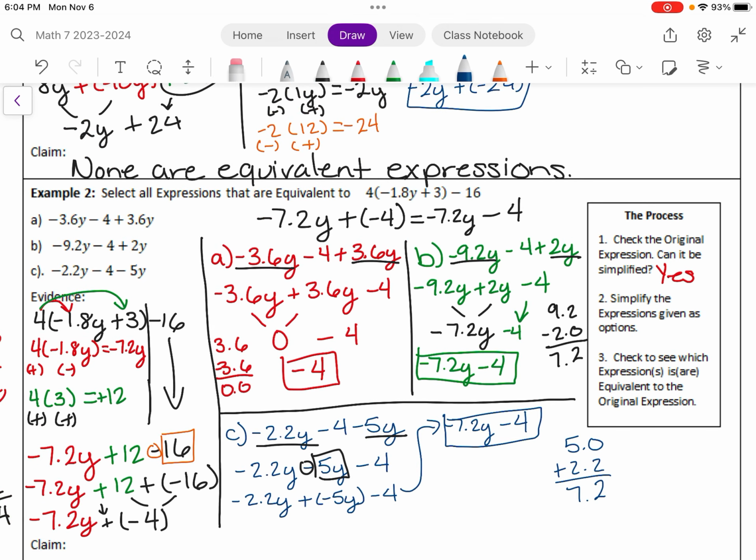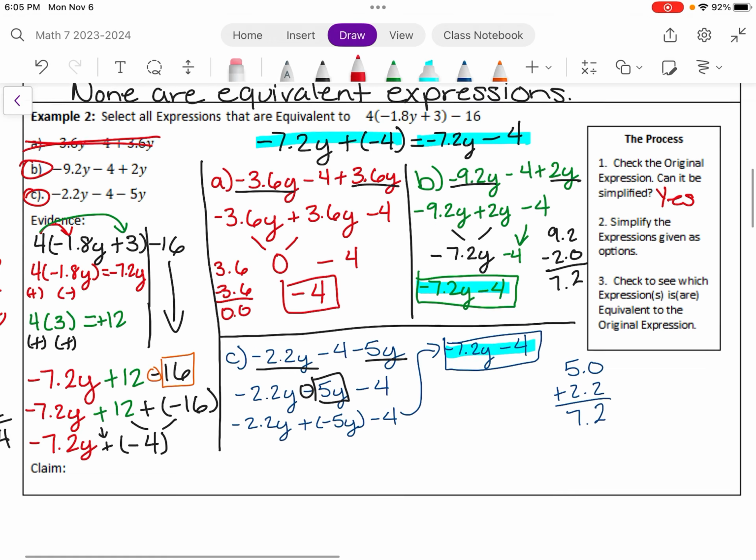So now looking at all my boxed options, I've got to see which ones match my original expression. So remember, it can look like this or it can look like this. This one, my A, not right, because that is just a negative 4. My B is negative 7.2y minus 4, so that one is correct. Circle that. And then my C is also negative 7.2y minus 4. So that is also correct.